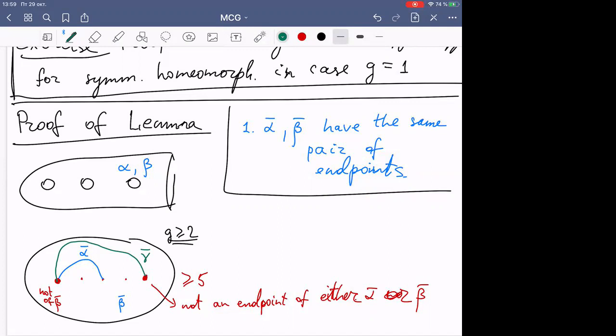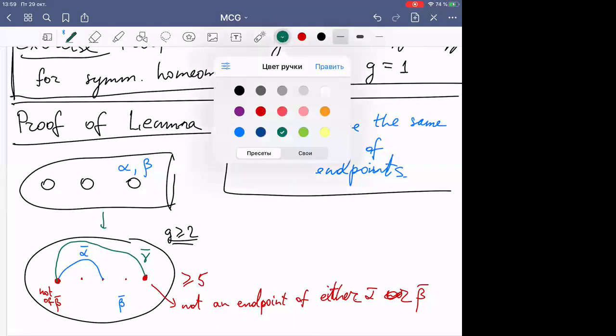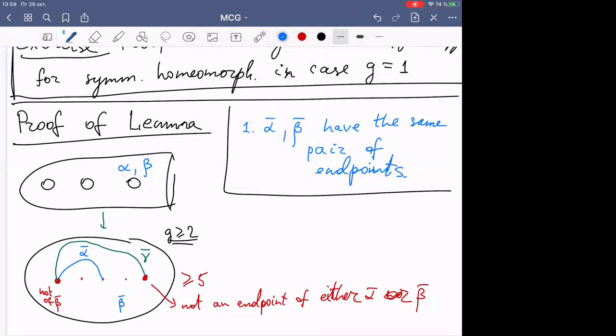And let us consider the preimage of gamma bar. It is a simple closed curve upstairs. So upstairs we have three symmetric simple closed curves, alpha, beta, and gamma. And what can we see? I would like to count the intersection points of beta and gamma, and the intersection points of alpha and gamma.